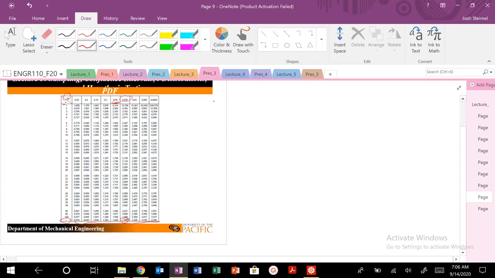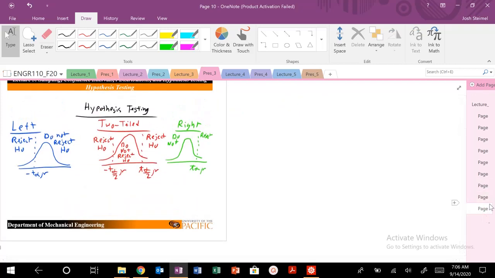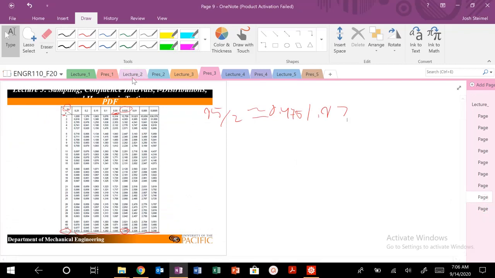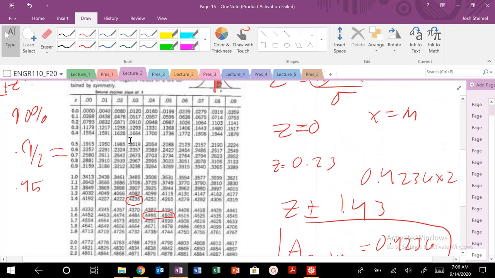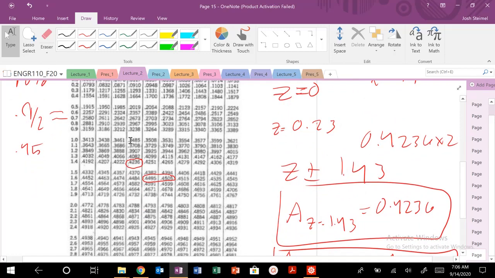So it's the confidence interval divided by 2. 95% divided by 2 gives 0.475 in our Z table, and we can look back at that right here. For 0.475, that corresponds to a Z value of 1.96.